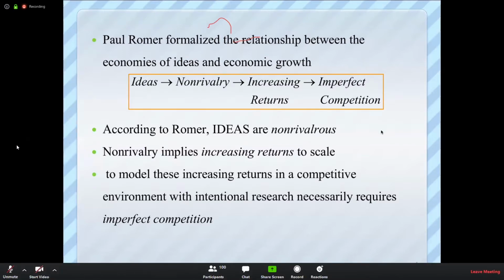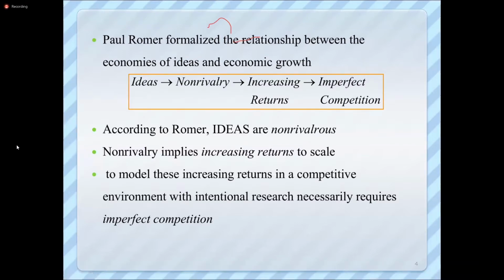What do we mean by non-rivalry? When the idea is already there, everyone is able to use the idea. Unlike an economic good, which has a very high degree of rivalry, an idea is moving towards the concept of a public good. That's the reason we say non-rivalry.